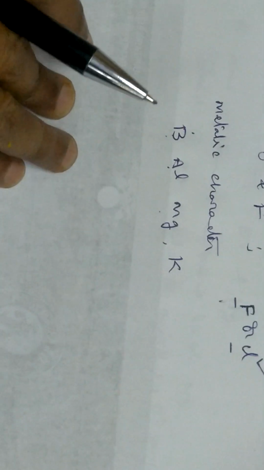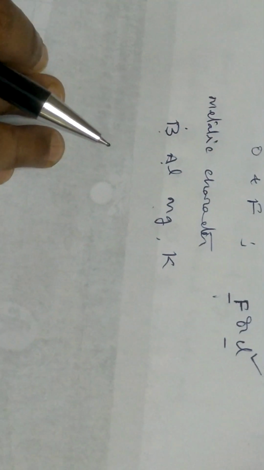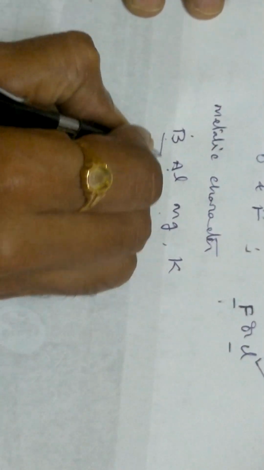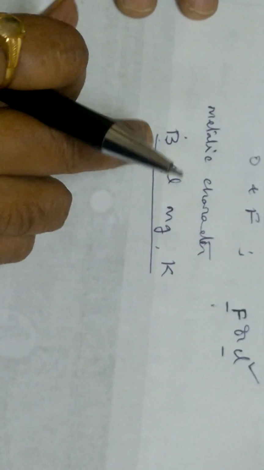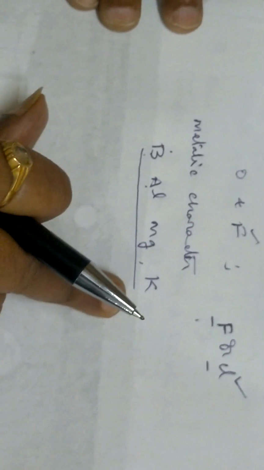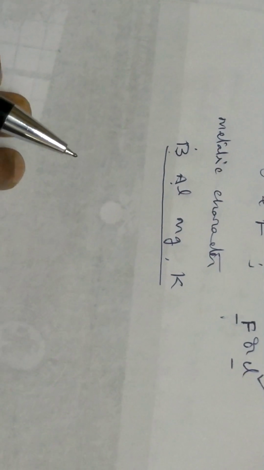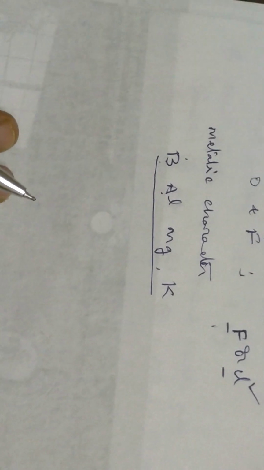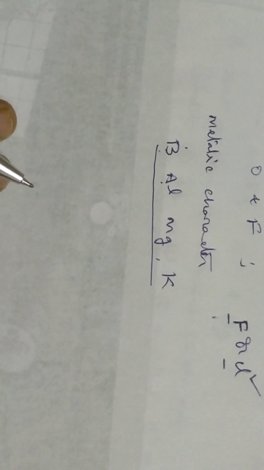Magnesium, you are coming back to the second group, has more. Potassium is much more. So the order given is the same: metallic character increases from boron to aluminum, aluminum to magnesium, magnesium to potassium. Whenever a zigzag is given, always remember the S block and D block are all metals, and in the P block the top and the right side is totally non-metallic.